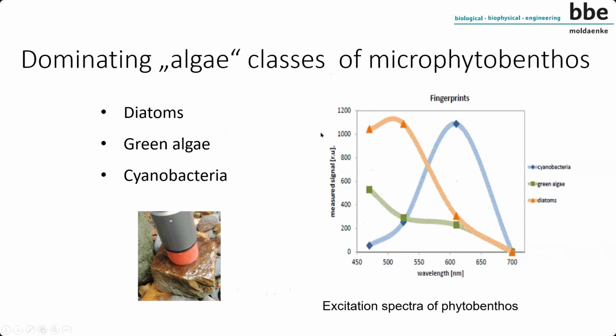And here is the measured fluorescence we got from this excitation. And you can see that we have different spectra, so we can use the different light sources to calculate the amount of cyanobacteria and microalgae inside of this biofilm. So that is the principle that stands behind it, and we are able to distinguish roughly these classes.